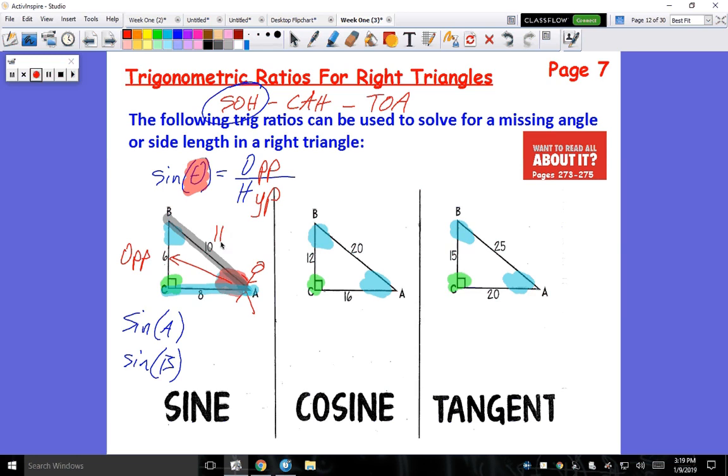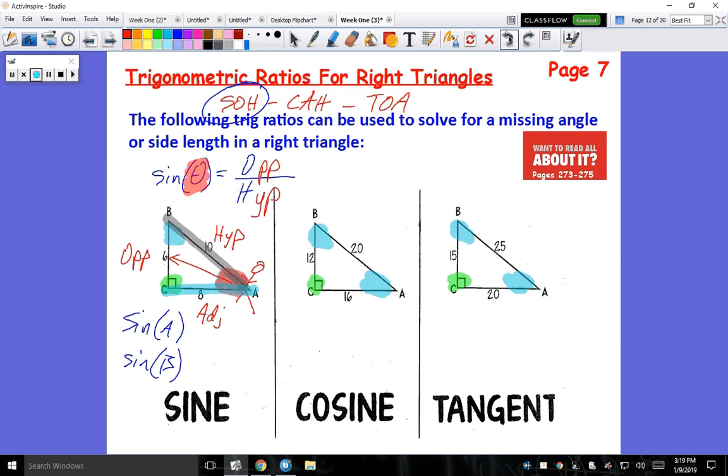This is hypotenuse from where I'm standing. And this is what? Adjacent. Guys, how can you tell the difference? Because a lot of people struggle with it. Between which one's hypotenuse or which one's adjacent. How do you tell? Hypotenuse is bigger, or hypotenuse is always across from what angle? 90 degrees.